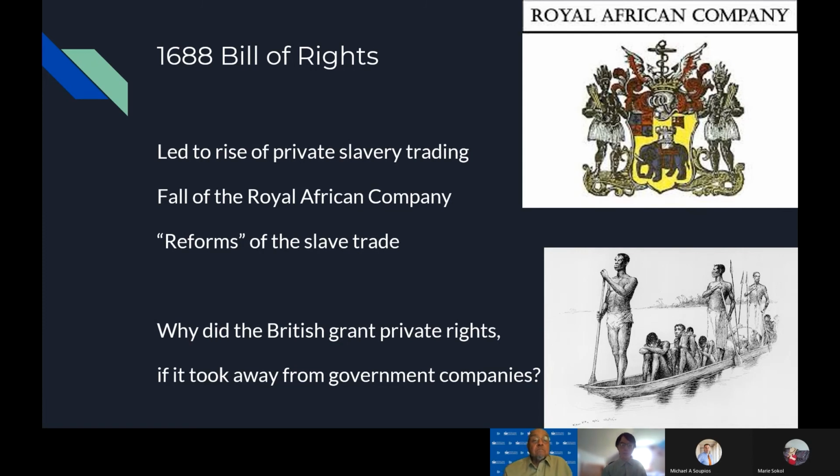Even though the government did have a hand in it, they wanted corporations and private entities to have a larger part. And this led to the fall of the Royal African Company, which was led by the Duke of York. This was seen as a reform of the slave trade, which didn't really help the slaves, but helped out the individuals. It weakened the crown, it weakened slaves, but it helped the overall nation.